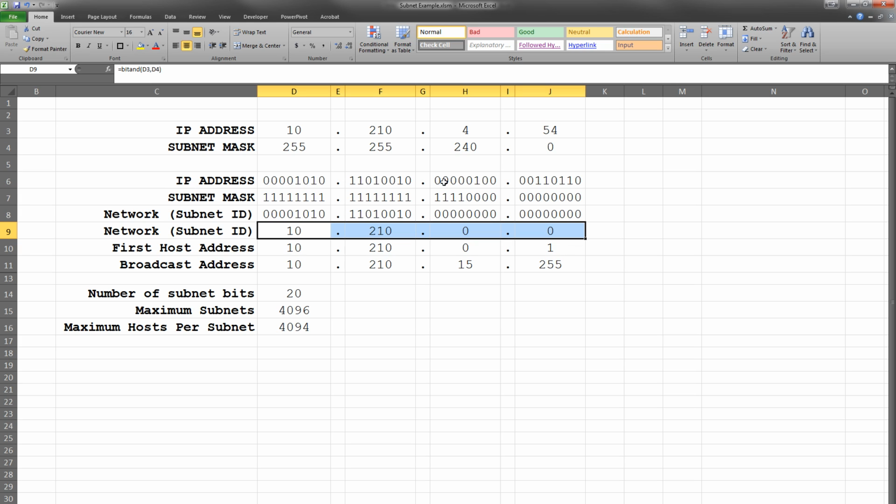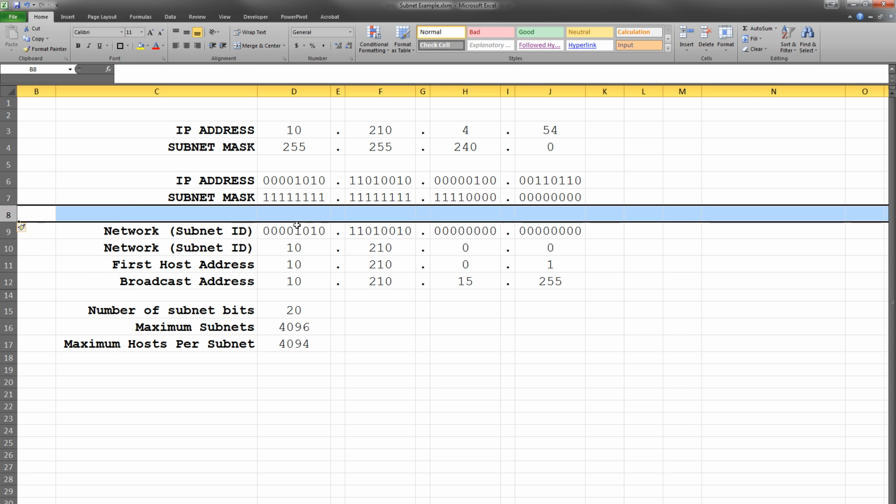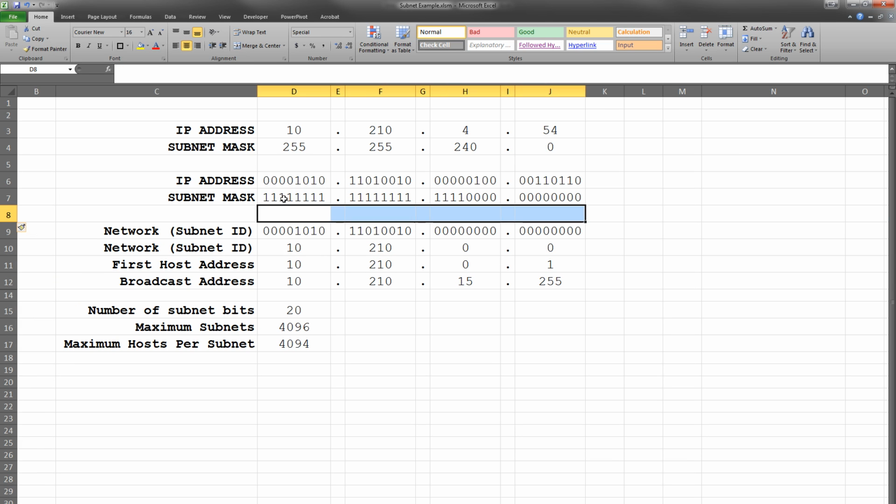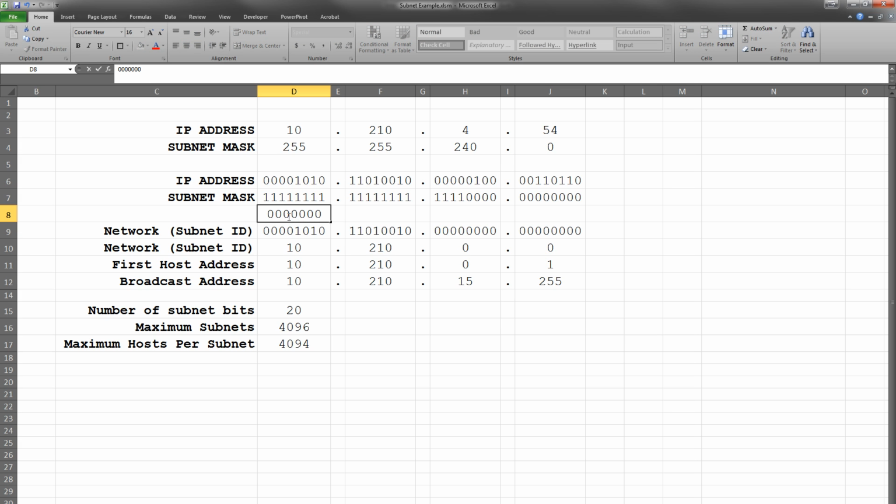Now here's how we have to calculate our broadcast address in this case. We switch our subnet mask around. At least this is how I think of it. In this case, we have 8 zeros. In this case, we have 8 zeros. In this case, we have 4 ones and then 8 ones.